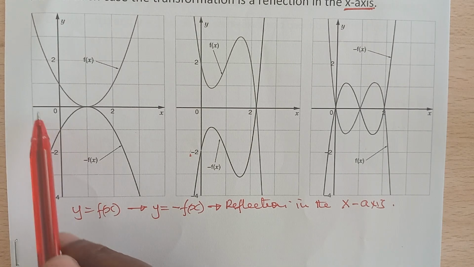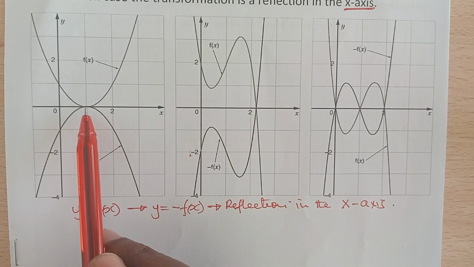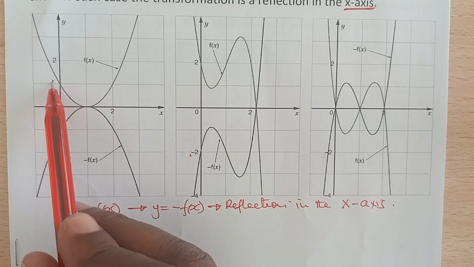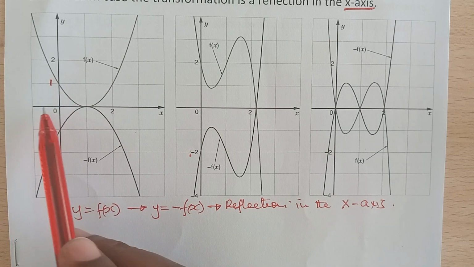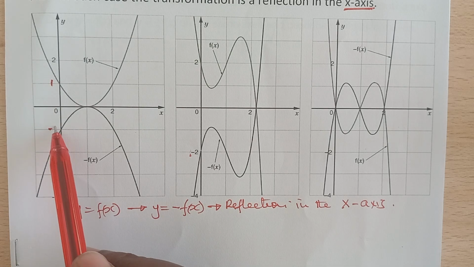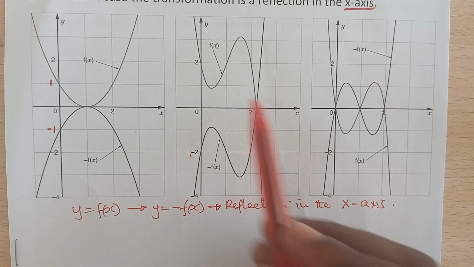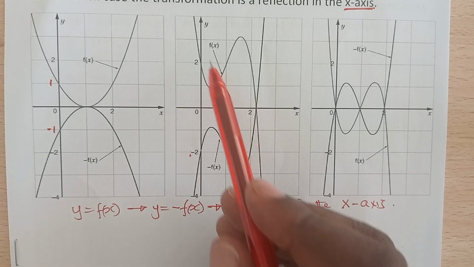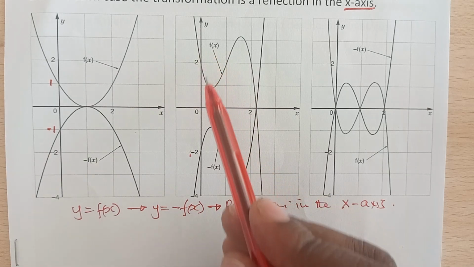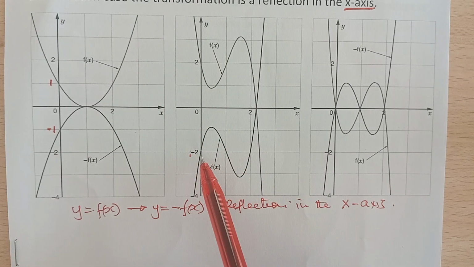It means the x-axis is the mirror. So whatever is on the mirror remains on the mirror. If this was 1, 1 reflected along the x-axis becomes -1. In the same case, this being the mirror, 2 reflected along the mirror becomes -2, and this point is reflected here.